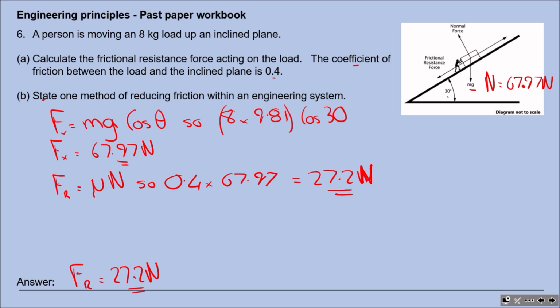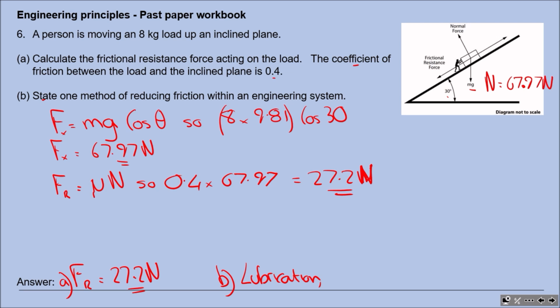Now you'll notice, the observant ones amongst you, there's actually a second part to this question: a method of reducing friction within an engineering system. There are several answers to this. You could use lubrication. If you apply some kind of oil or grease, that's going to help reduce friction.